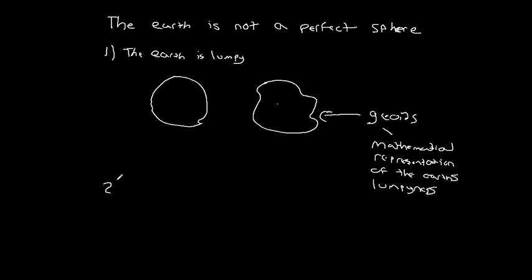The second key deviation from this idea of a perfect sphere is not only is it lumpy, and again, this is an exaggeration of the lumpiness, but it's also squished at the poles.